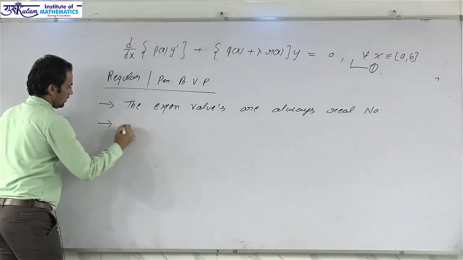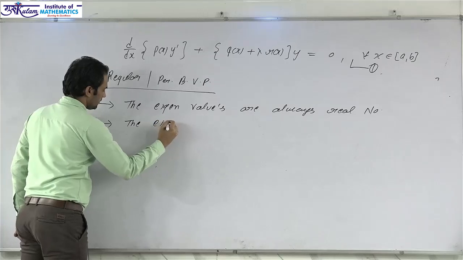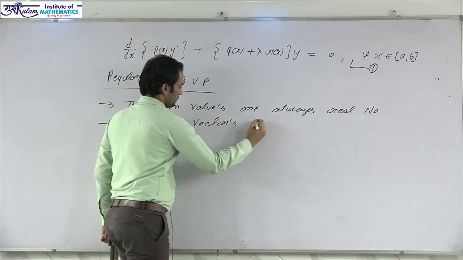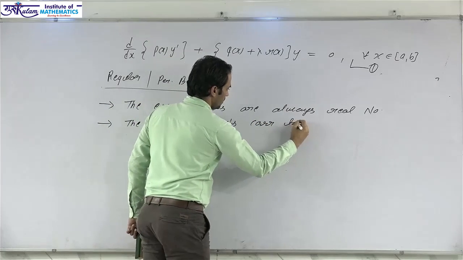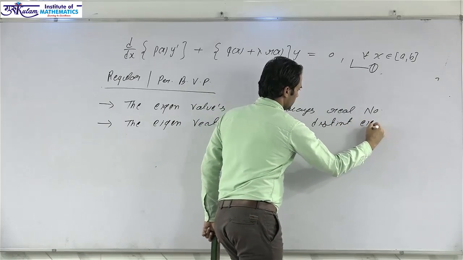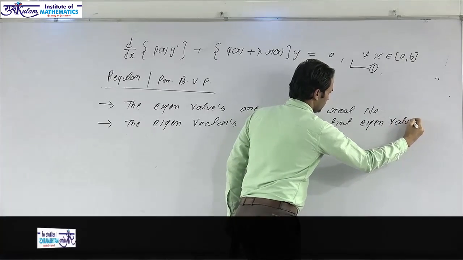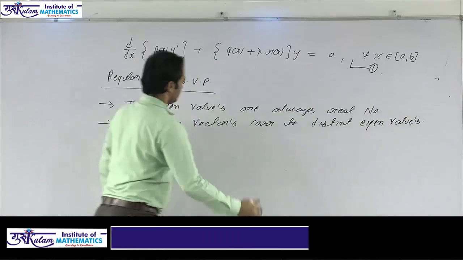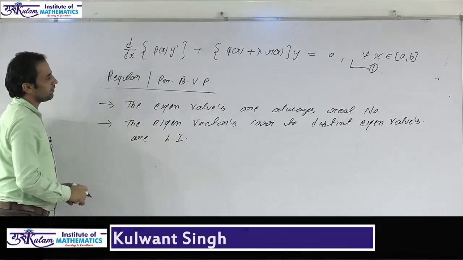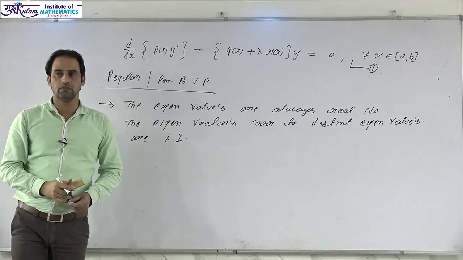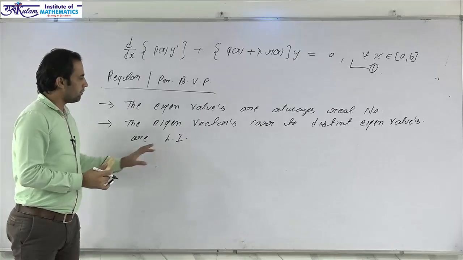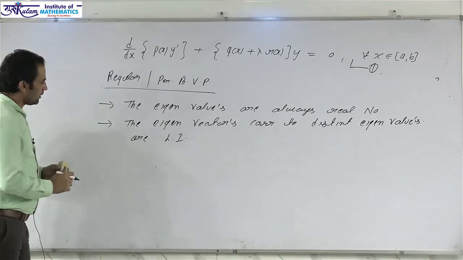Second, the eigenvectors corresponding to distinct eigenvalues are linearly independent. That is, if lambda 1 and lambda 2 are distinct eigenvalues and y1 and y2 are corresponding eigenfunctions, then y1 and y2 must be linearly independent.